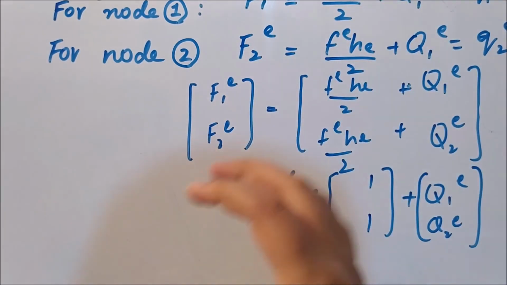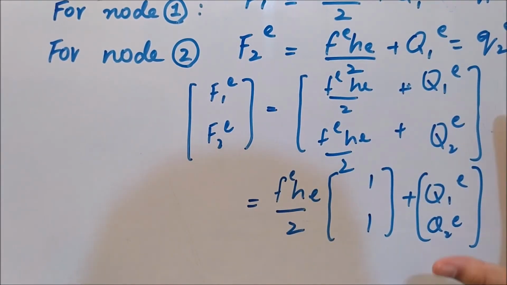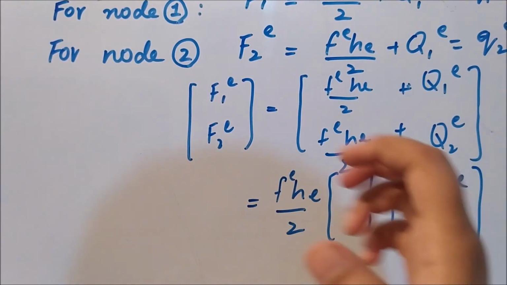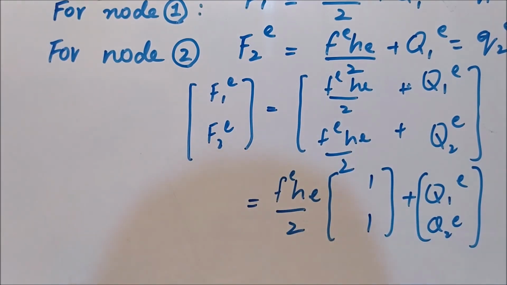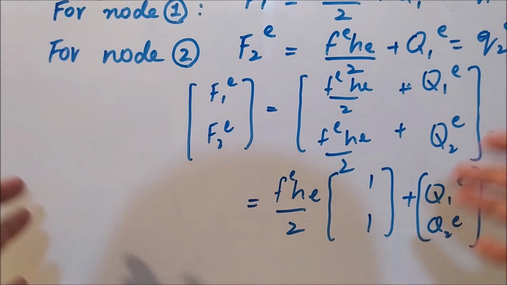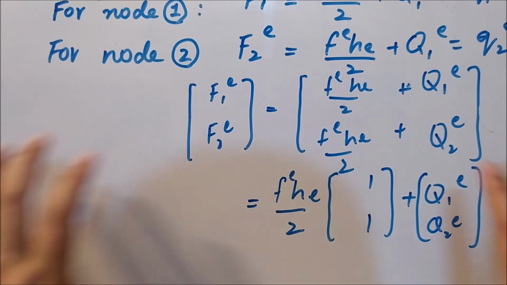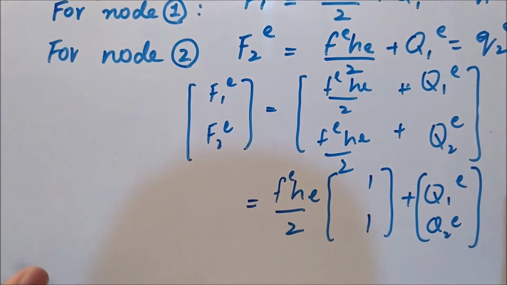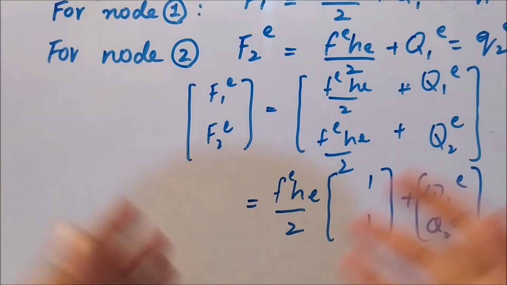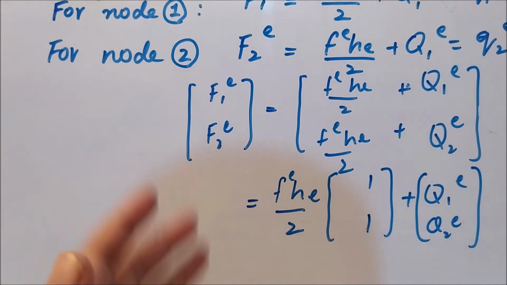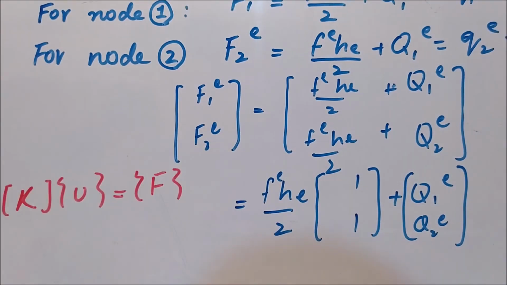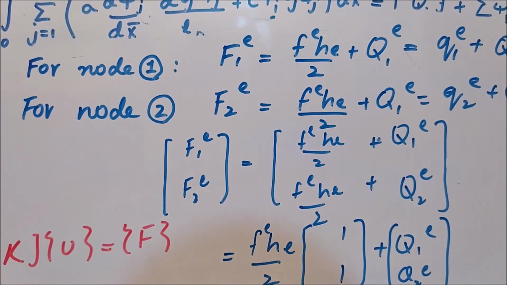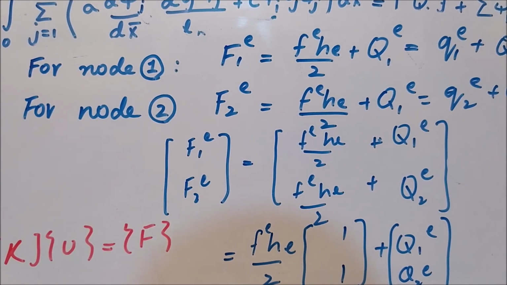If we combine this discrete system with the stiffness matrix that we derived in the previous video, then we will have a complete element level discrete system with just 2 nodes, and the shape functions are linear. We derived the element level stiffness matrix, we have derived the element level force vector, and now this is the end of the second step, that is the derivation of element level equations.